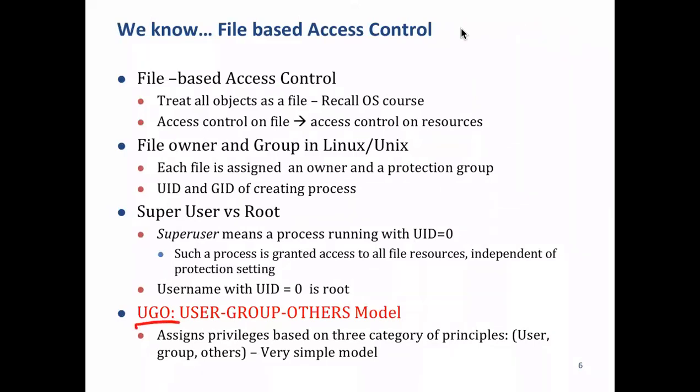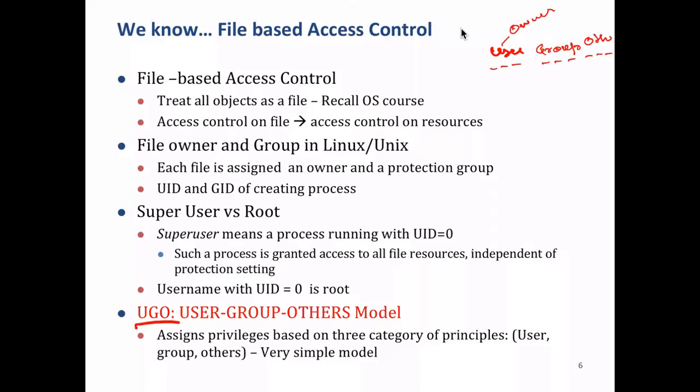Wherein with each file we have 3 categories, which are user, group, and others. This is a very simple access control model, right? And then we have 3 bits each: read, write, execute, read, write, execute, and so on. Okay, the user is the owner.